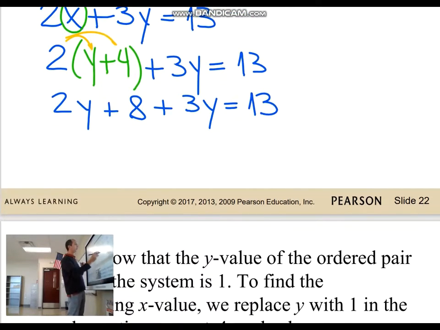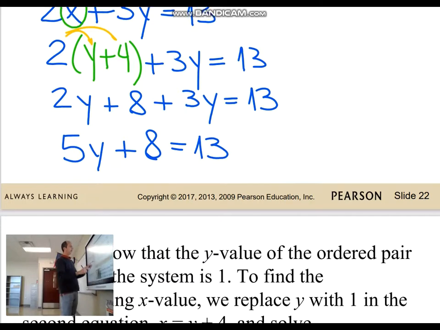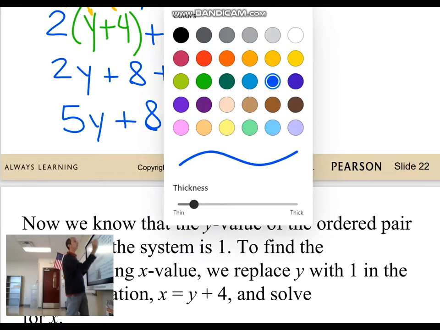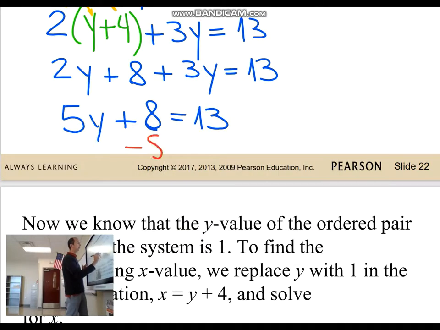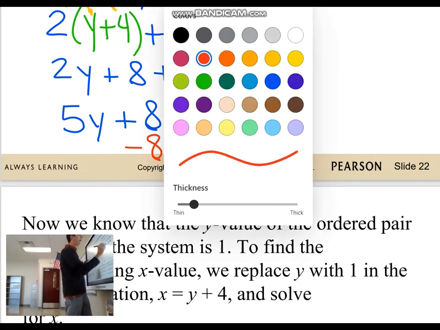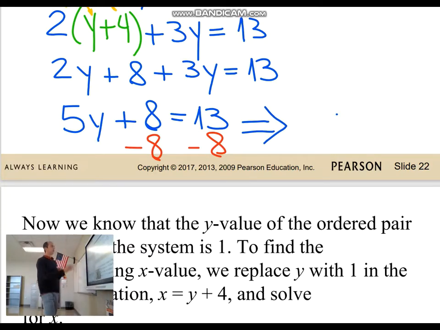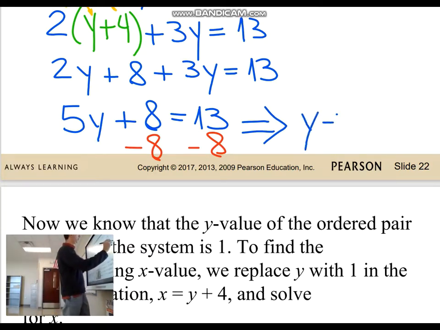Combine like terms, 5y plus 8 equals 13. And then apply addition property, subtract 8 on both sides, and then after that you divide by 5. Well, at the end, you will have as a solution here, y equals 1.